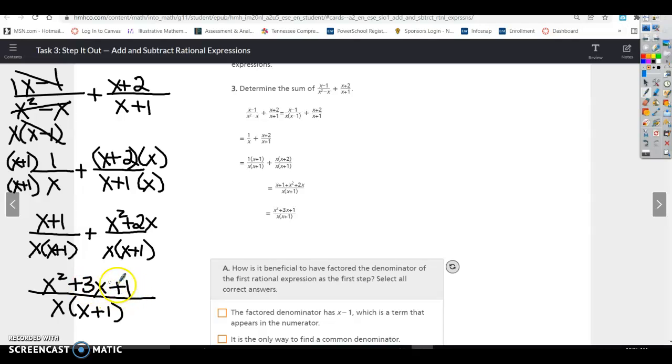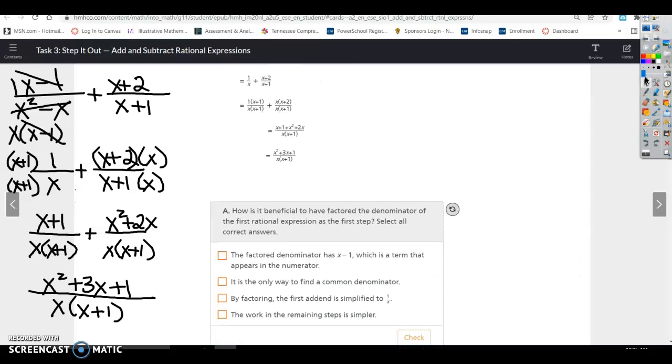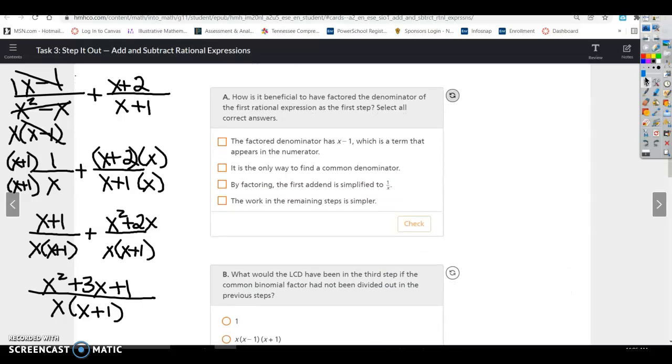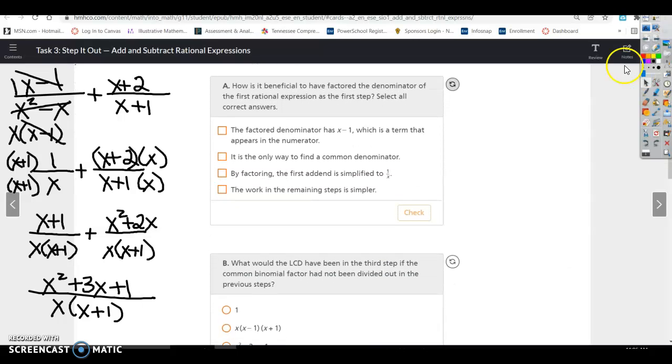So this is in simplest form. There's nothing else you can do with this expression. And if you see, they stopped at the same place. Okay? All right, so that's how you add and subtract rational expressions. Get a common denominator, then add numerators, simplify if possible.